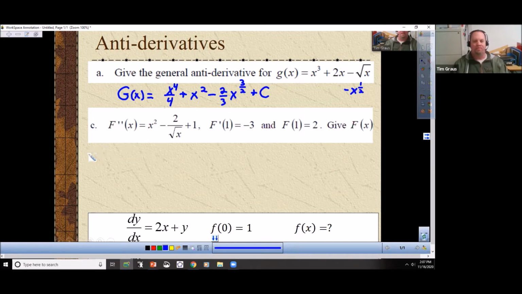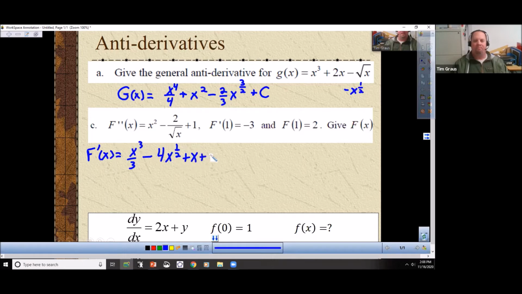From the second derivative, I could say that f prime of x looks like this: x cubed over 3 minus 4x to the 1/2. And you can check that by taking the derivative of this, see if you do get negative 2 over square root of x. And then the antiderivative of 1 would be x.